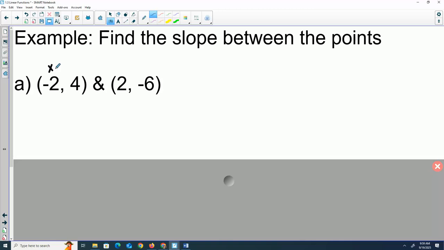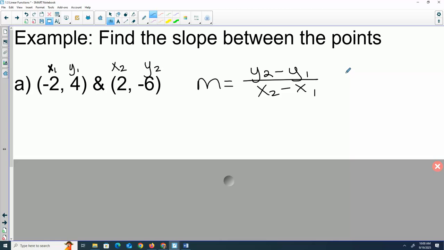This is my x1 and y1, x of the second ordered pair, y of the second ordered pair. So slope, the formula you just wrote down, y2 minus y1 over x2 minus x1. I'm not going to give you that formula. You should know that one. Hopefully it's ingrained in your mind.